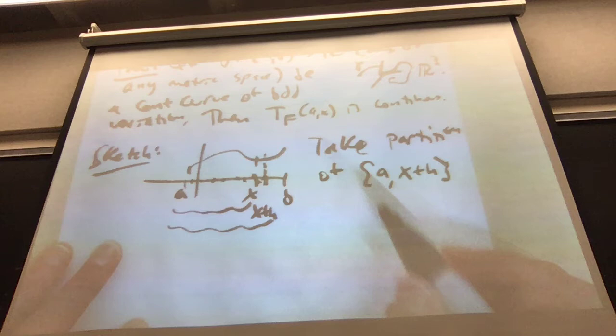And if needed, refine the partition to include x. Dot, dot, dot.